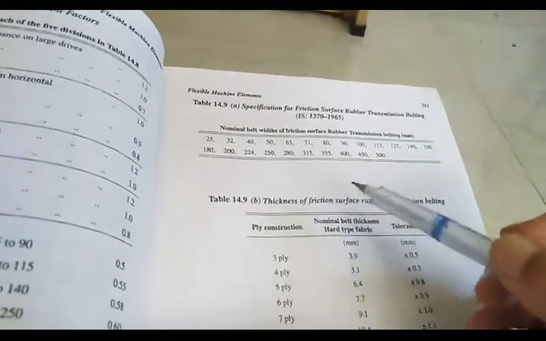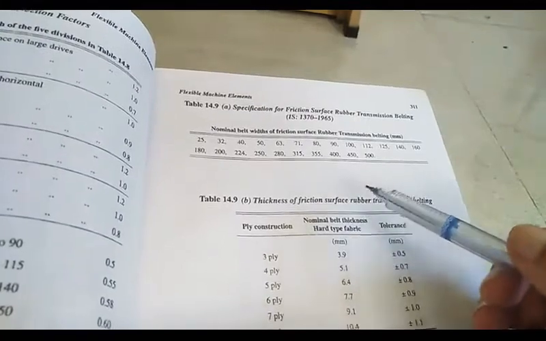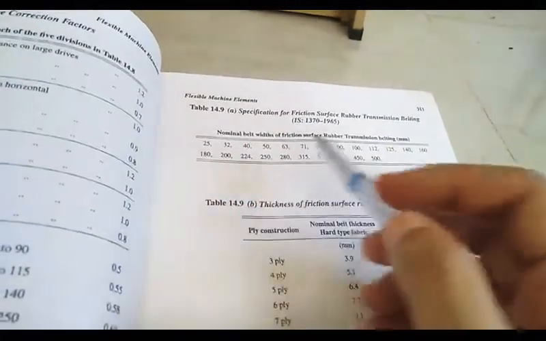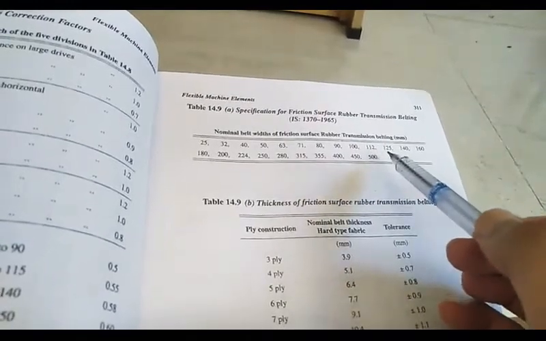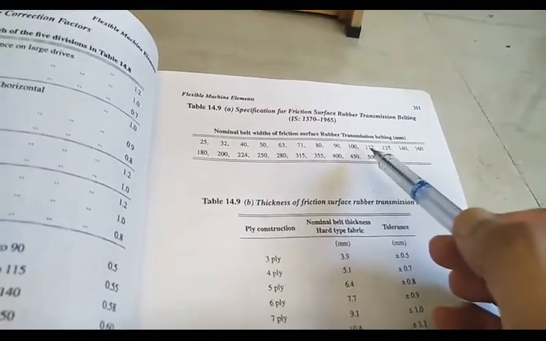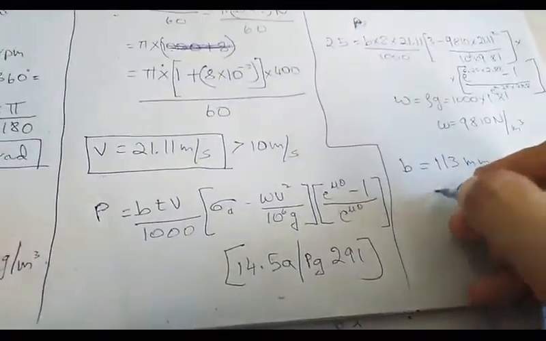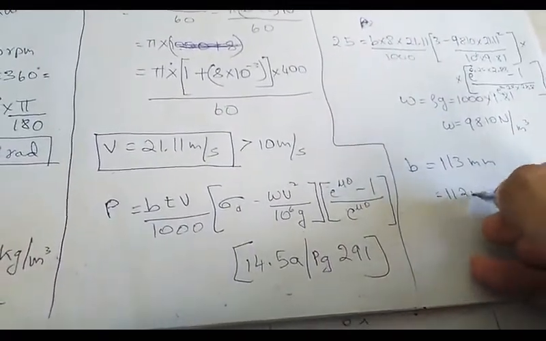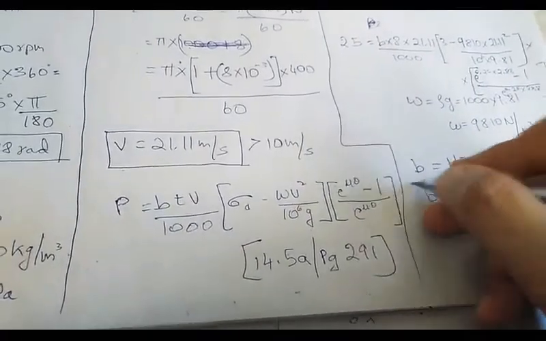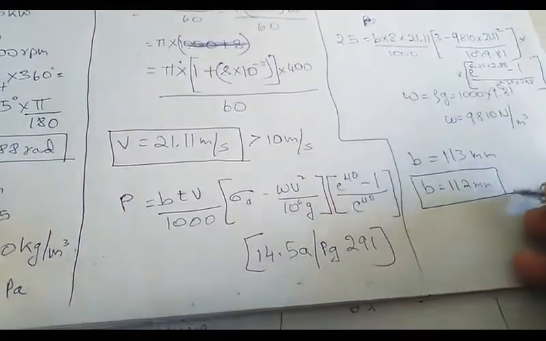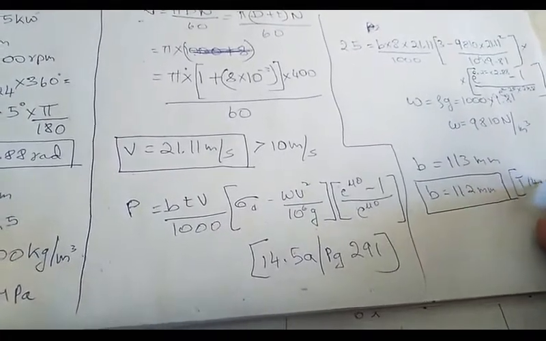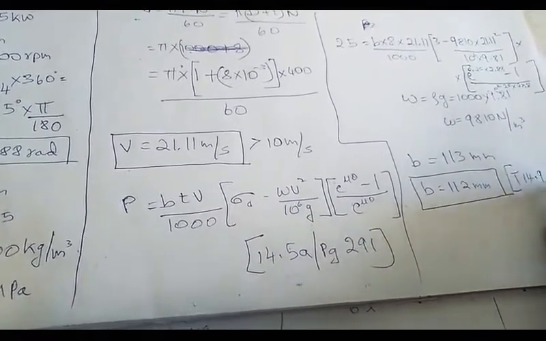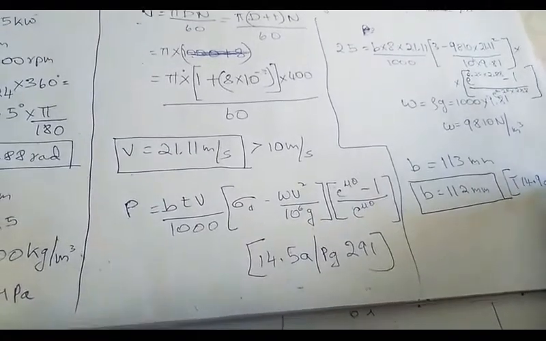In problem we have got the width is 113 mm. So we shall consider the standard value. So here there is 100, 112, 125. So we shall consider the standard value 112 mm. B is equal to 112 mm. So this is from table 14.9a, page number 311.